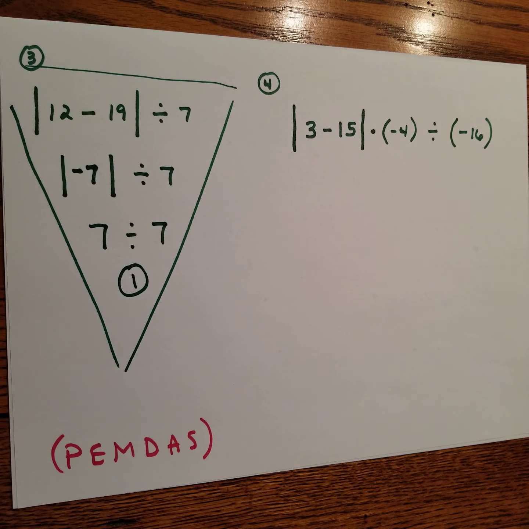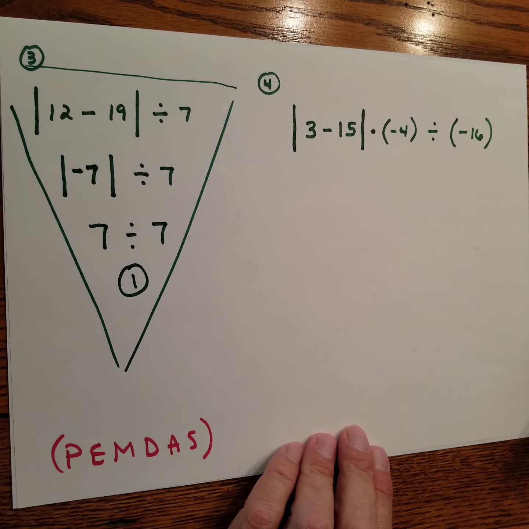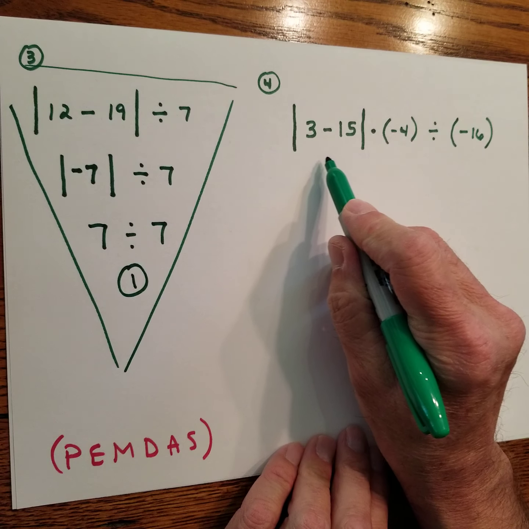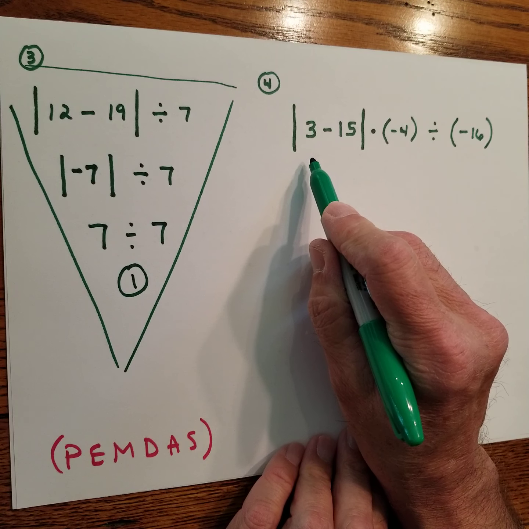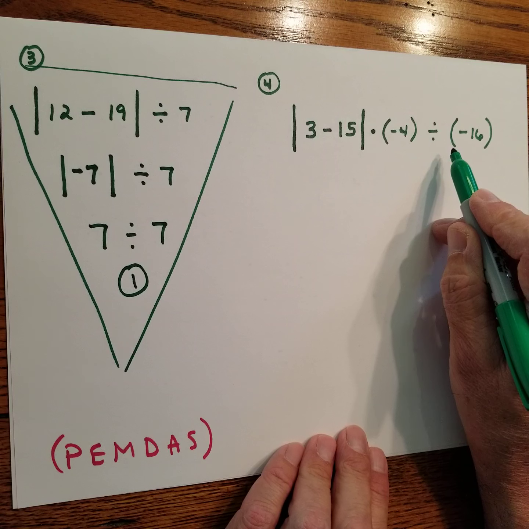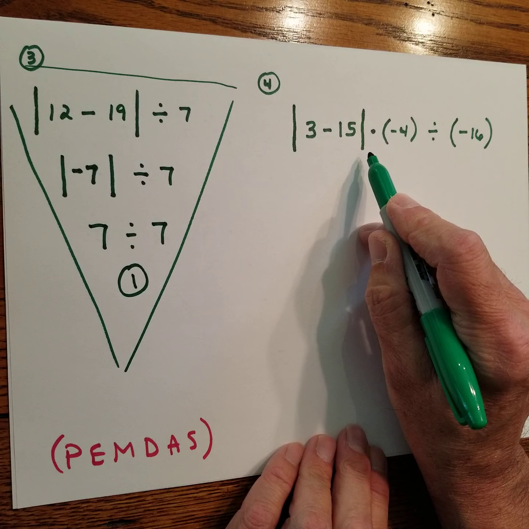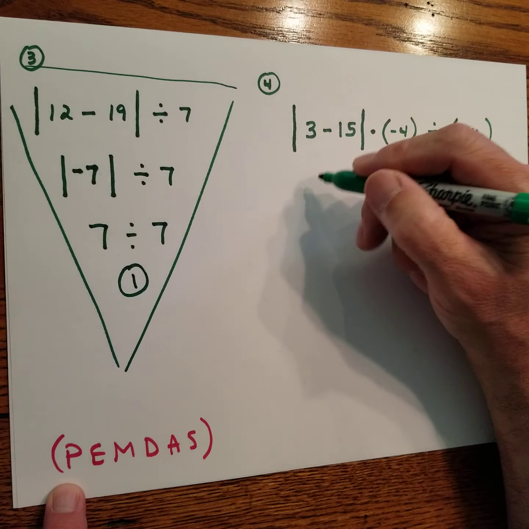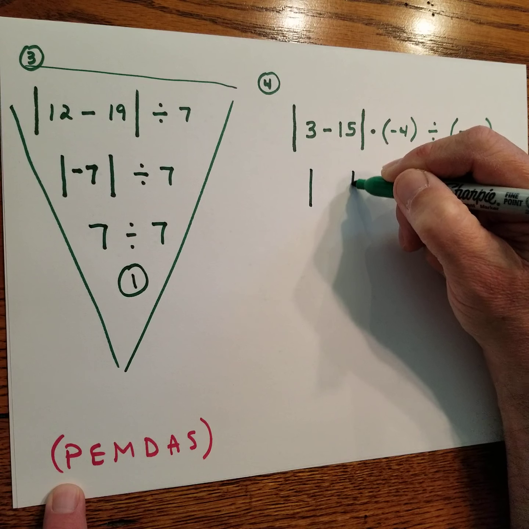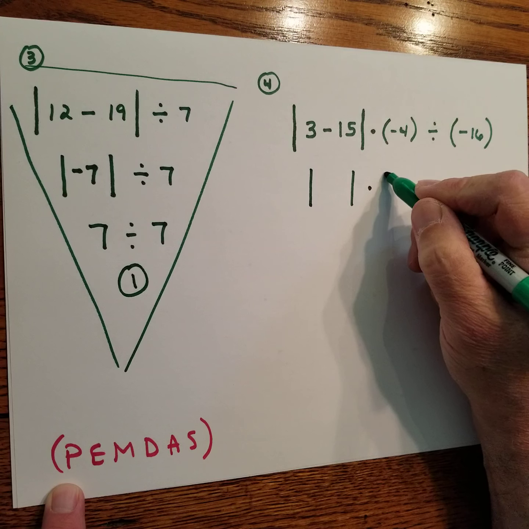Number 4, a lot going on here. Let's be careful. I see a grouping symbol, absolute value, multiplication and division. Think of absolute value as a grouping symbol like parentheses. I should work in there first and copy everything else.